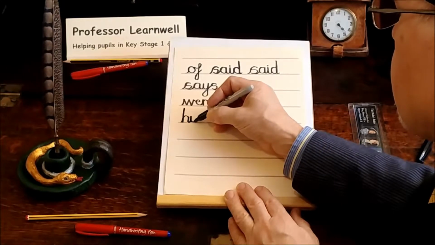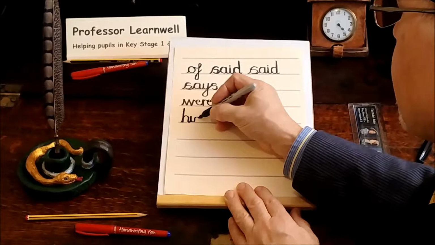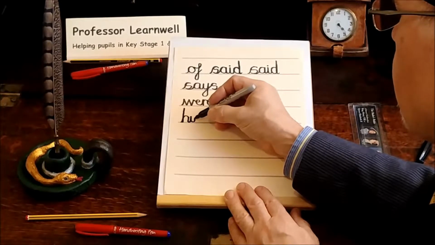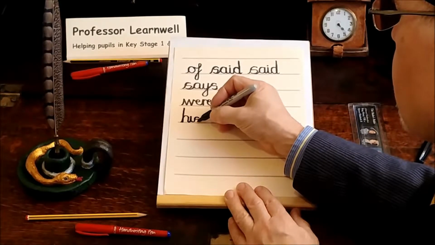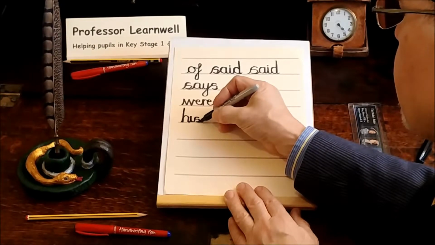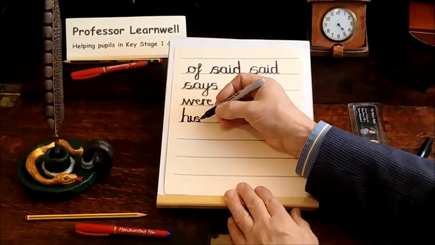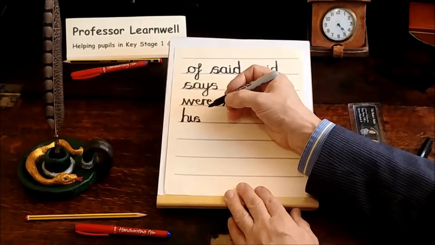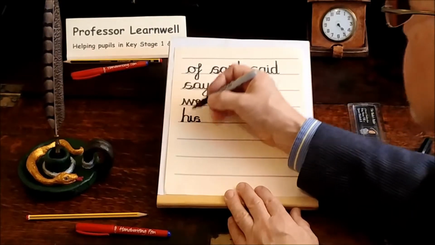Lead out to the letter S, curl back, round, and lead out. So we get used to joining the letter S to any letters that might follow in different words. Lift and dot.